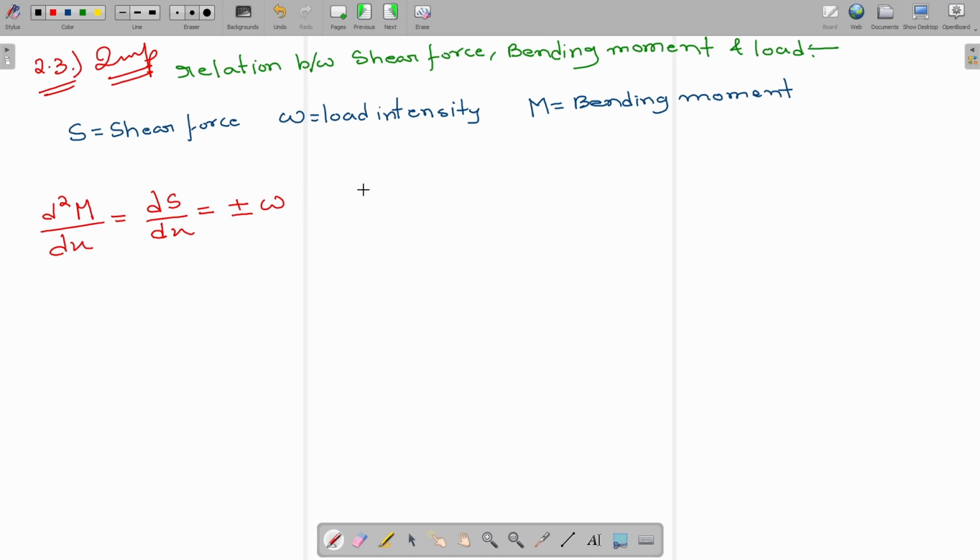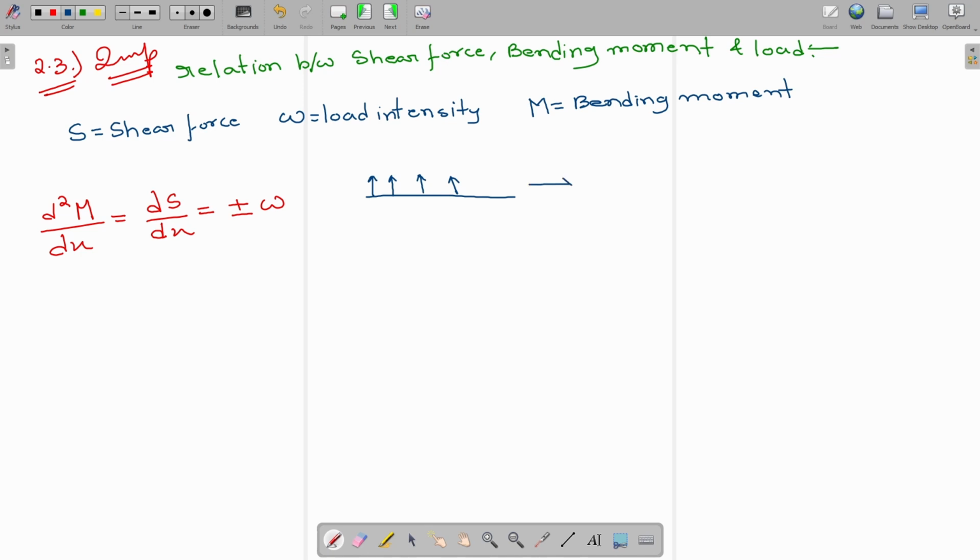Here, the plus sign indicates the loading is in the upward direction. Say, this is the beam and the loading is in the upward direction. This is the load intensity.